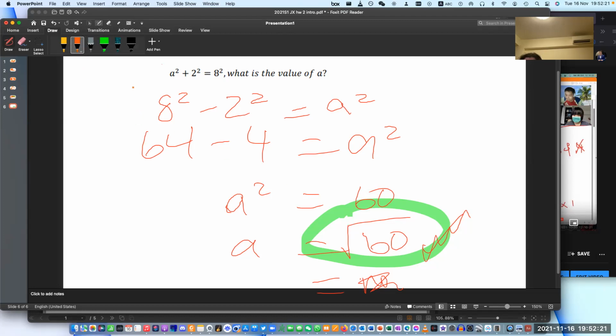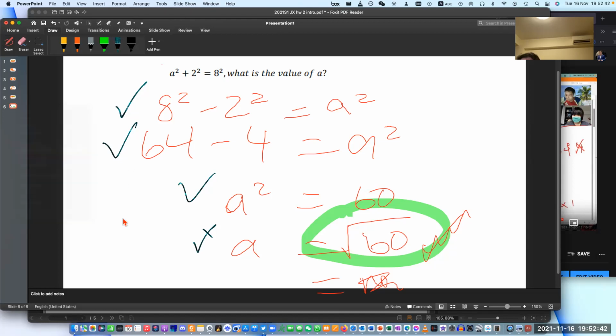I suggest you use dark blue later on because I'm going to use red to mark your answers. So step 1, correct. Step 2, correct. This is also correct. And this step is partly correct. I'm going to tell you why.